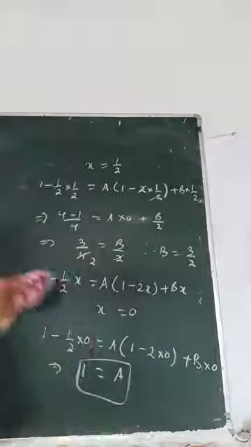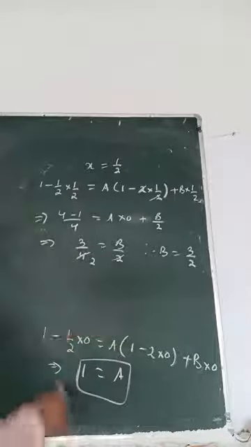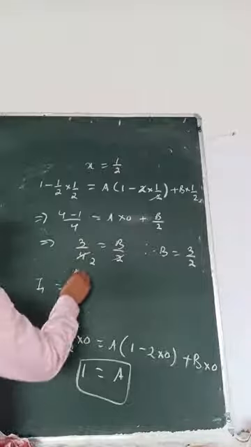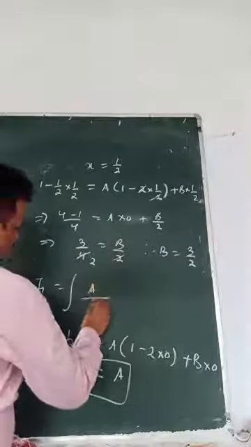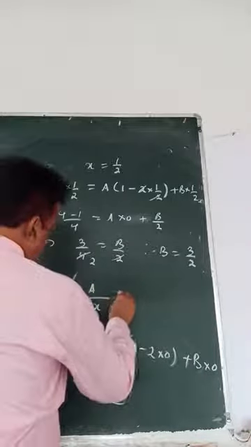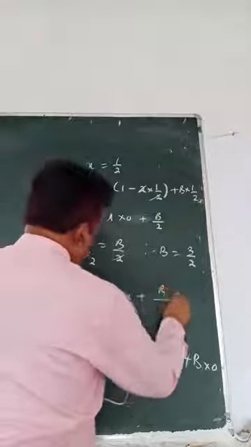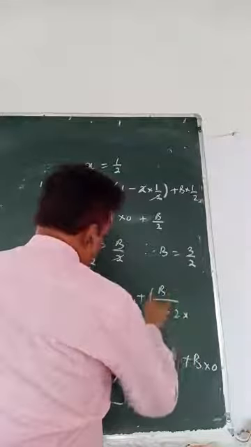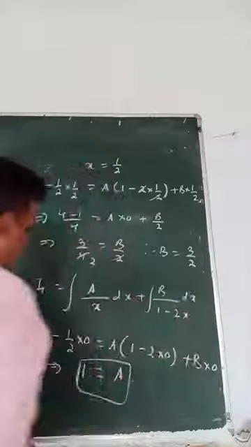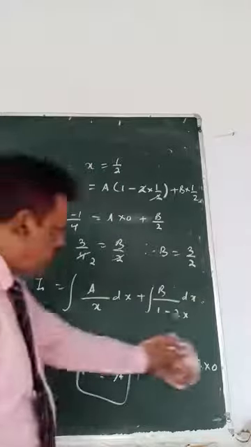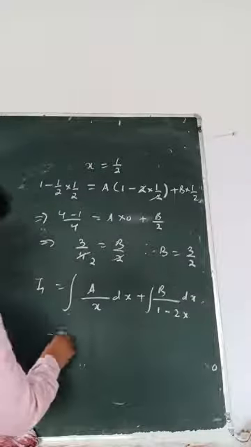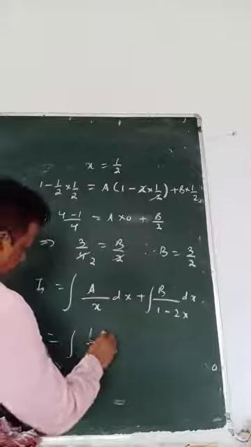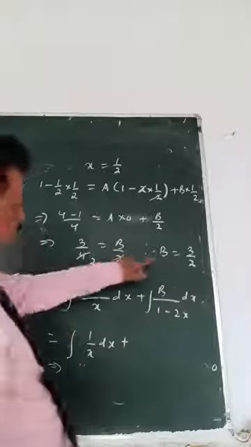So now your I1 equals the integral of A by x plus B by (1 minus 2x) dx. This is the question. So what is the value of A? 1, so 1 by x. What is the value of B? 3 by 2.